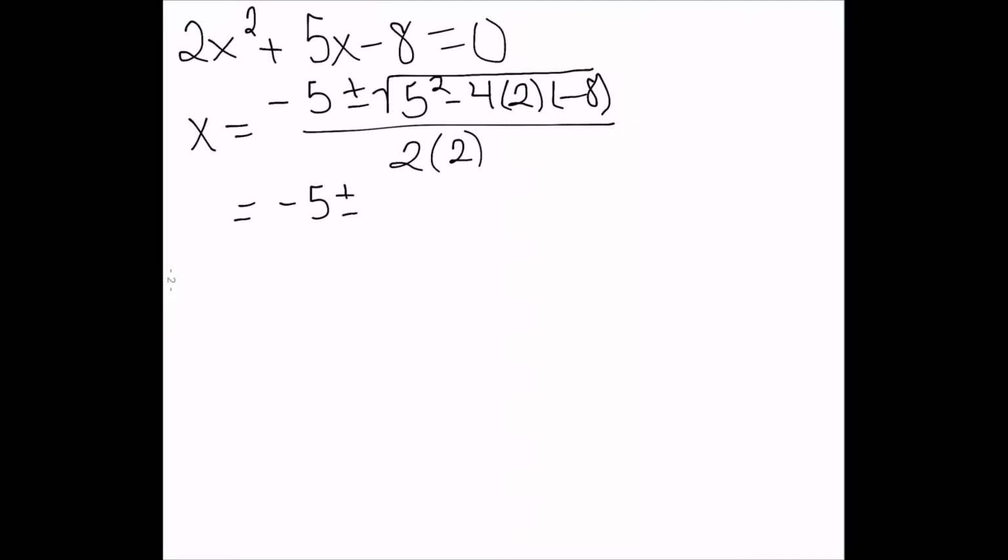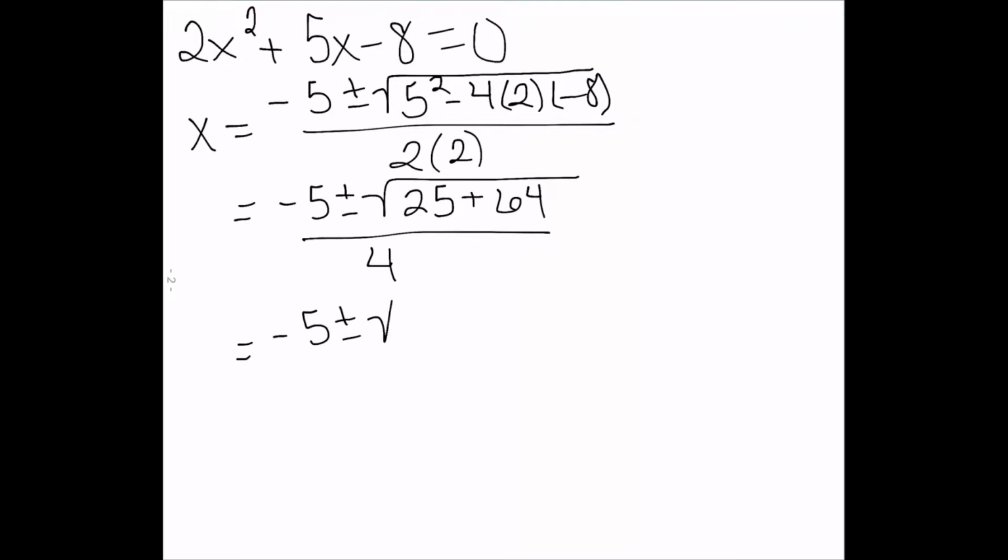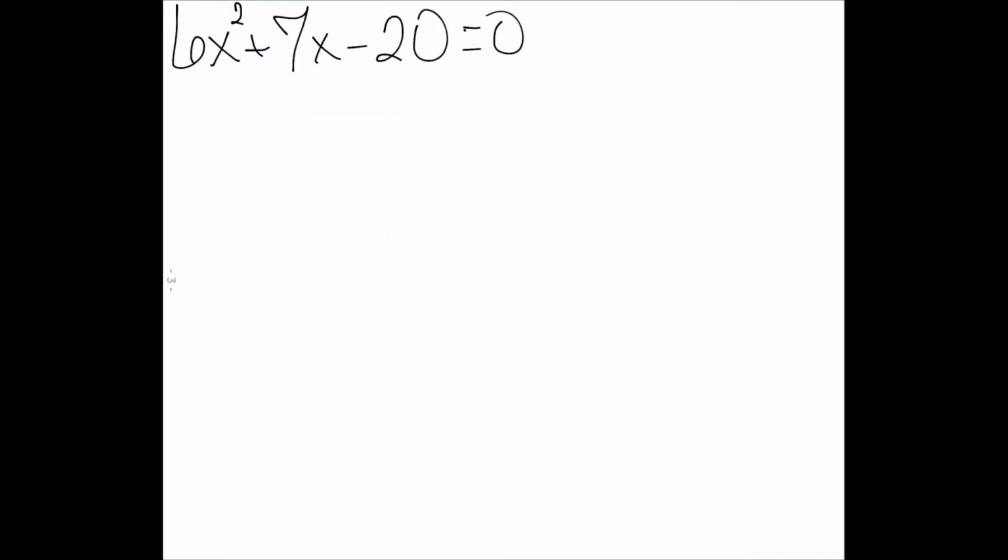This gives us negative 5 plus or minus the square root of 25, and then negative 4 times 2 times negative 8 gives us plus 64, all over 4. So negative 5 plus or minus the square root of 64 plus 25, which is 89, over 4, and I have my answer.